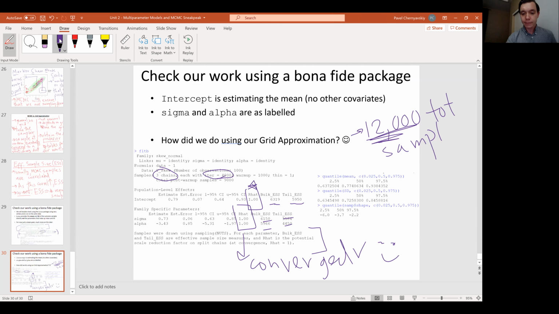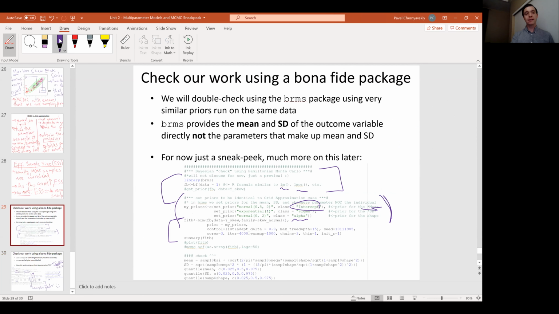As we compare, I look real good on the first 2. The first 2 are within a few decimal points of one another, and as are the credible intervals, which is important. Alpha is a little bit farther off, but the difference is probably due to the fact that using this bona fide R package, what I'm setting my priors to are not the individual parameters.